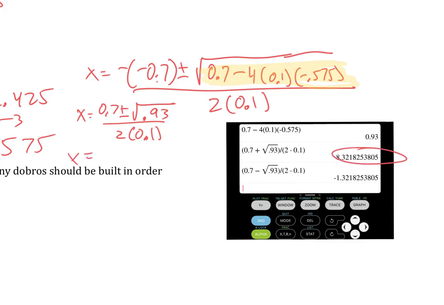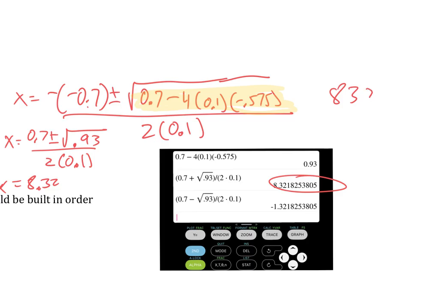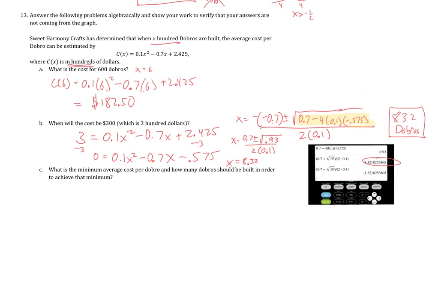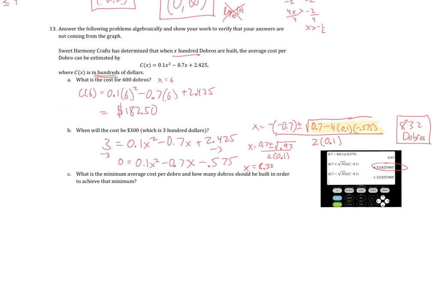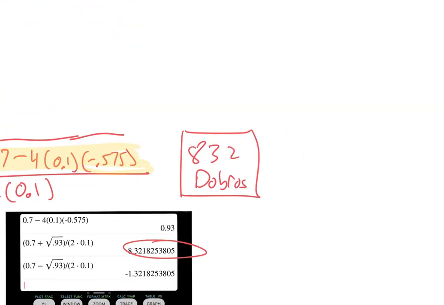So x is 8.32, and this is in hundreds, right? Okay, so when will the cost be $300? So we want 832 dobros. We should probably write it out as a sentence. 832 dobros will make the cost $300.